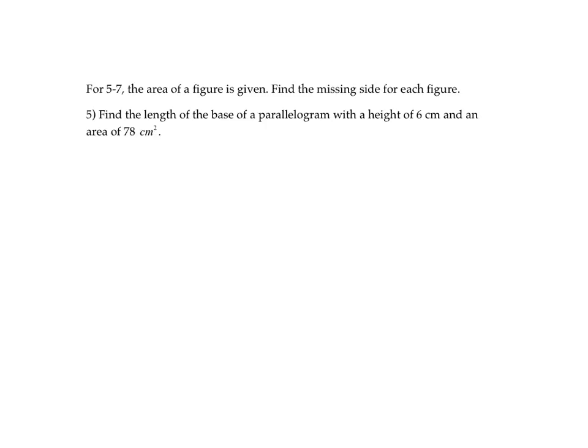In our last 3 questions, we're going to approach these in a slightly different way. It says the area of a figure is given, find the missing side for each figure. In number 5, it says find the length of the base of a parallelogram with a height of 6 centimeters and an area of 78 square centimeters. Start off with your formula for area of a parallelogram, which is area equals base times height.